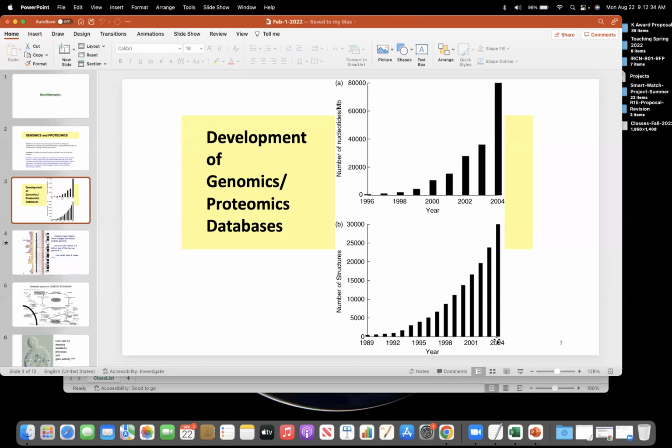So the point is, it's a growing database. Possibly every other month, a new DNA is sequenced or a new protein structure is being identified, and then this information is deposited into these databases or data banks.